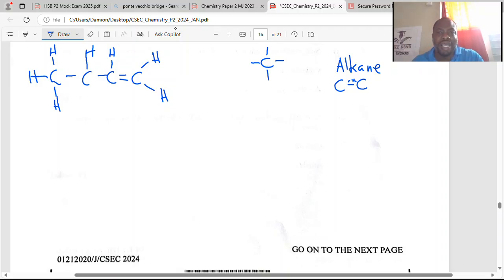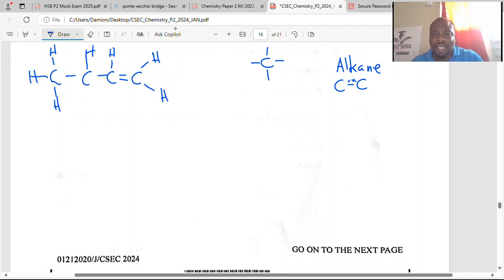That's why we have so much variety of organic compounds out there, because of the extent to which you can have different bonding and different structures being formed. Carbon will always, and that's the key you need to remember, because it has four electrons, always have four of these strokes, if you want to put it that way. Especially if we're dealing with the double bond, you need to be conscious that that carbon already has a certain number of strokes. So it's a popular mistake, especially with the alkenes. So we need to remember that.